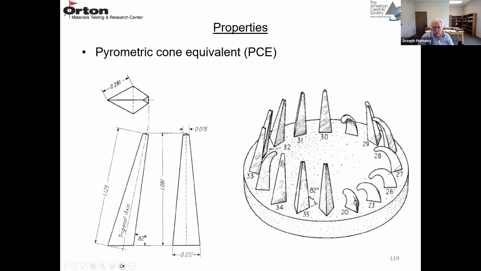And you simply, when your unknown bends over and touches the base here, you look and see which standard cone corresponds to that one. So you have to watch. Usually it's best to watch these. And usually this cone plaque is rotating in a furnace.